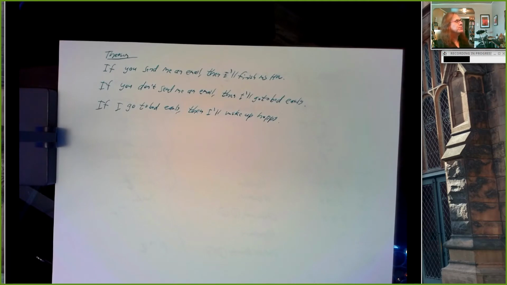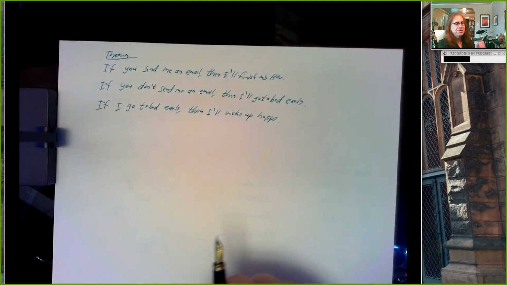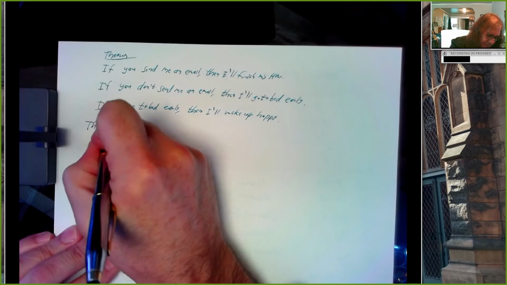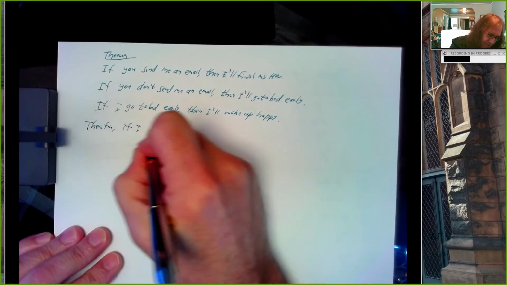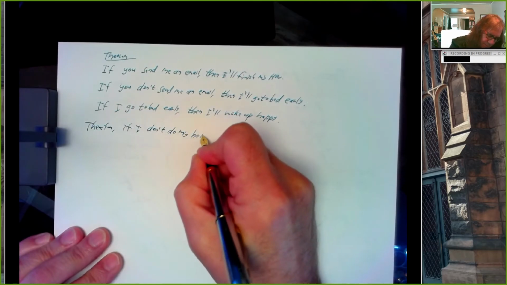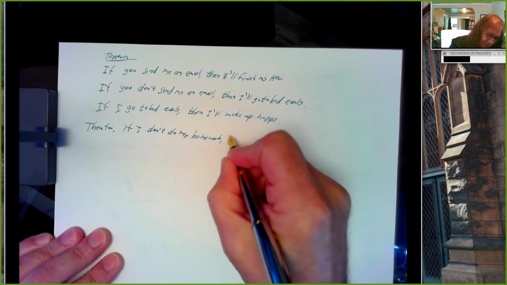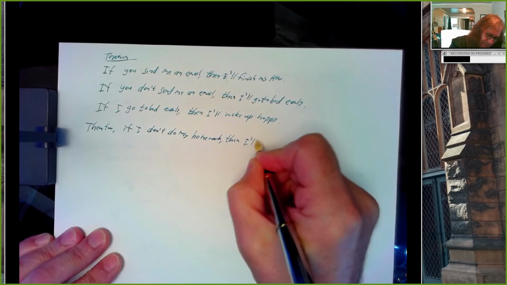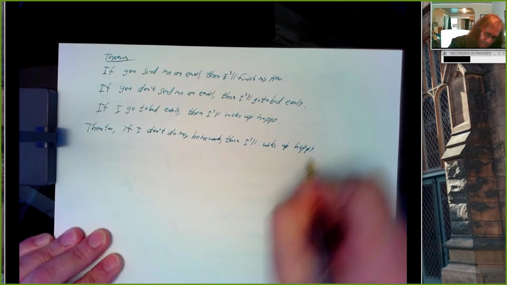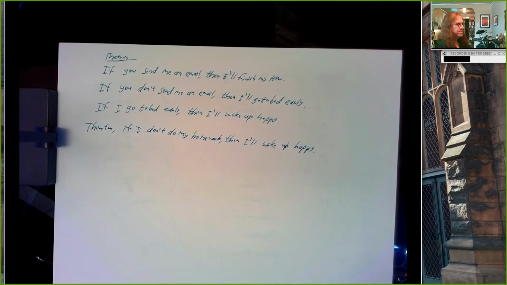And so the theorem claims that, assuming that these three things are true, I can say, therefore, if I don't do my homework, then I'll wake up happy. So that's an odd little theorem. Probably an unfortunate one for CSE215.